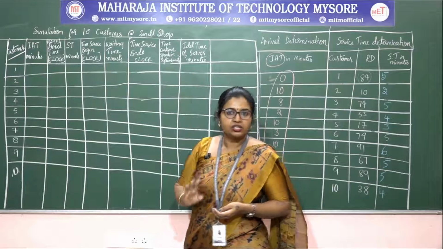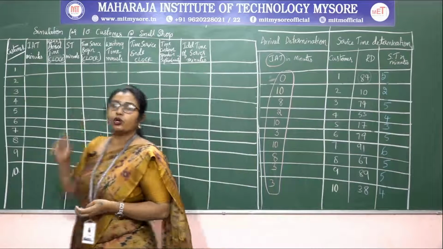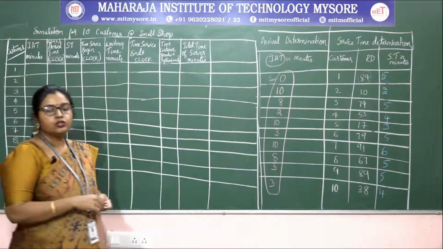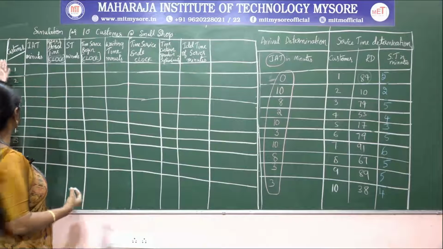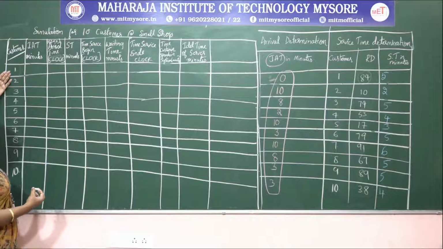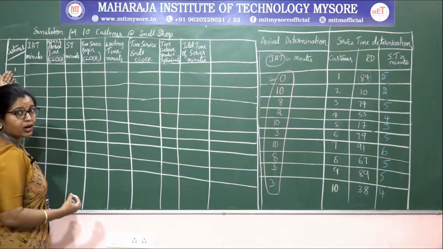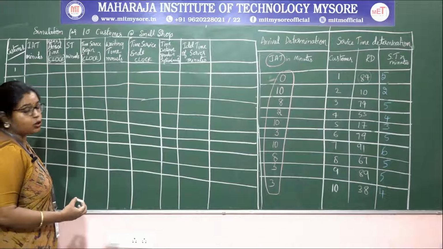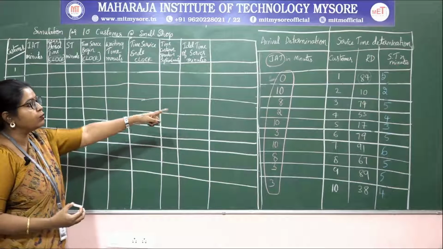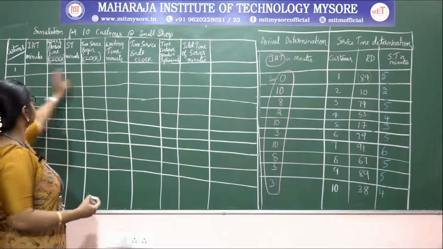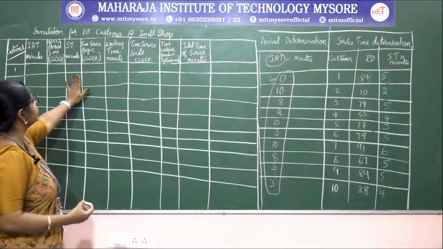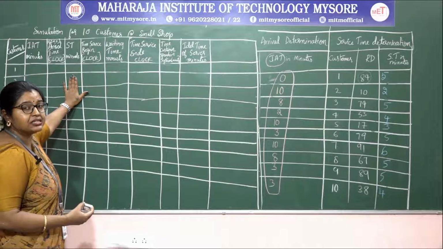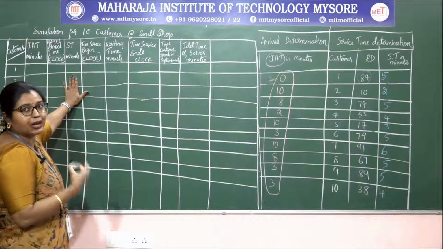In order to do the simulation, let us see what columns are required. So who are the customers? 10 customers, which we have listed here, 1 to 10. Already we have calculated the IAT, that is the inter-arrival time, and the ST is nothing but the service time we have calculated.